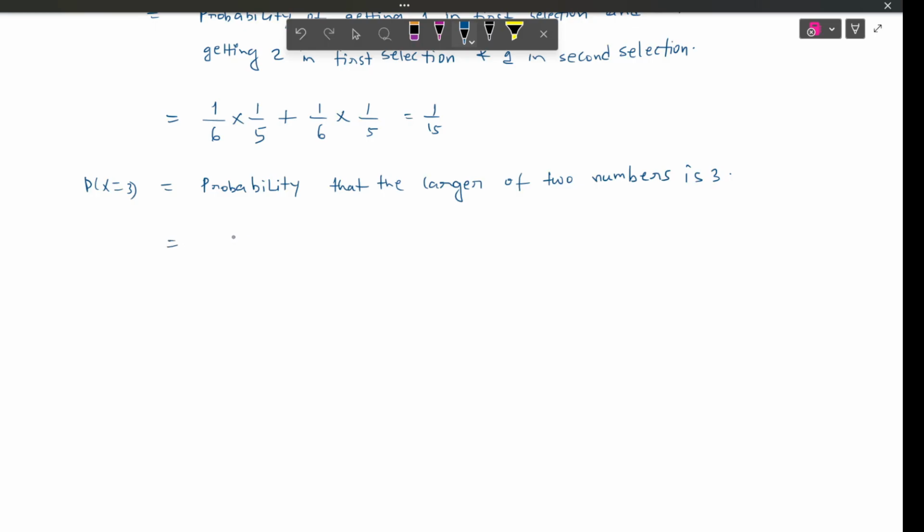So if you get in the first selection a number less than 3, those numbers are 1 and 2, right? So you have taken 2 numbers out of 6. This is the multiplication rule, right? We are applying the multiplication rule here.